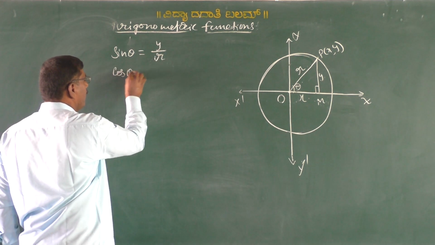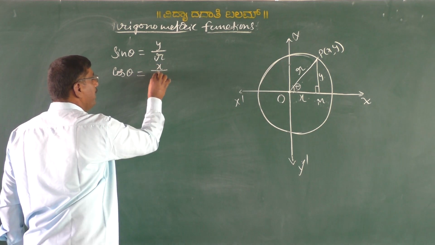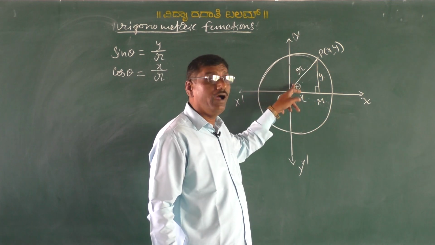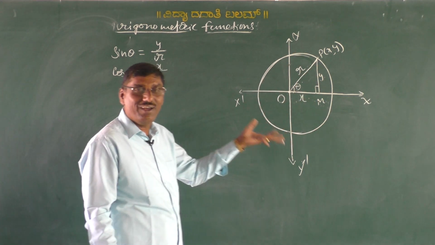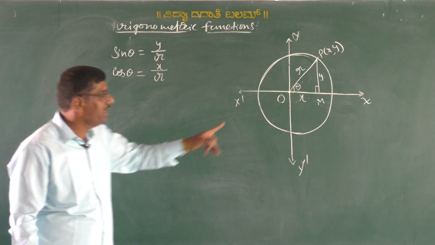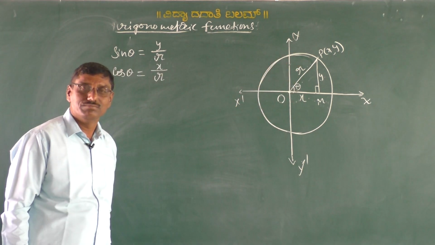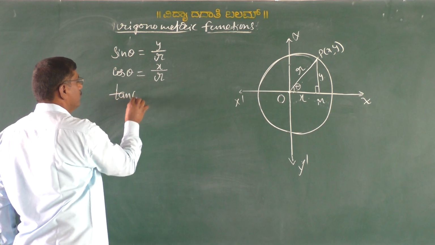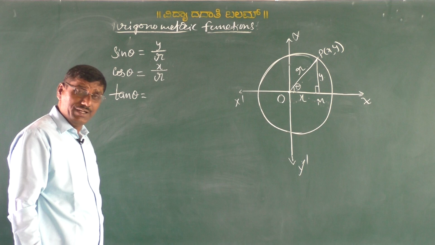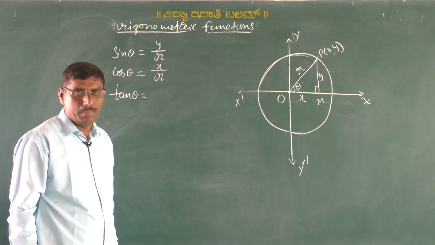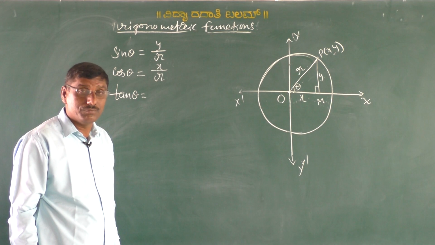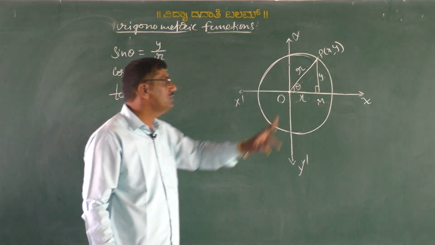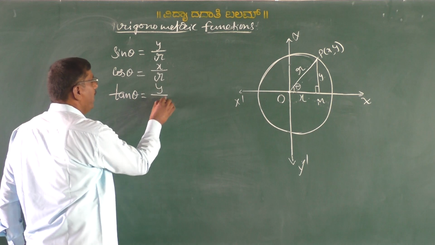Similarly for cos theta, x divided by r, that is adjacent side x divided by hypotenuse side r, that is the radius. Next, tan theta is equal to opposite side divided by adjacent side, that is y by x.